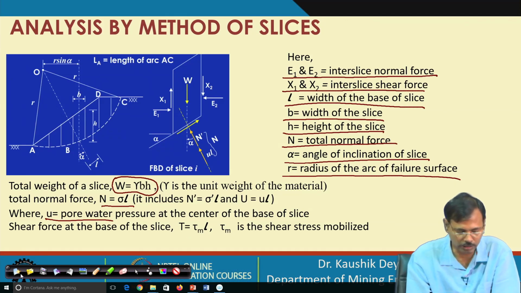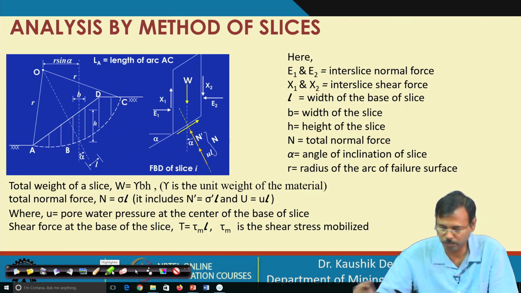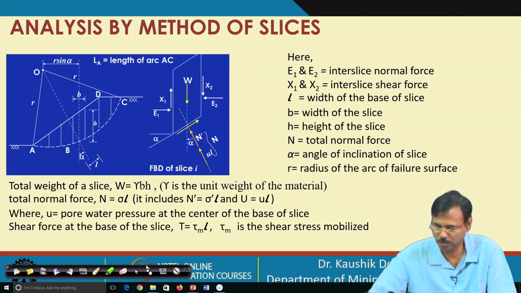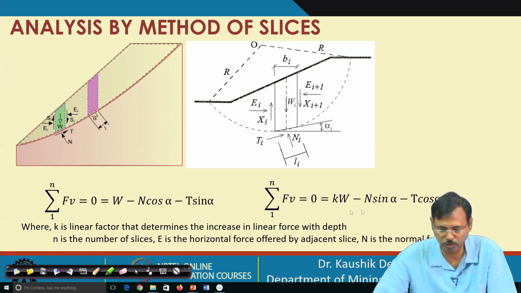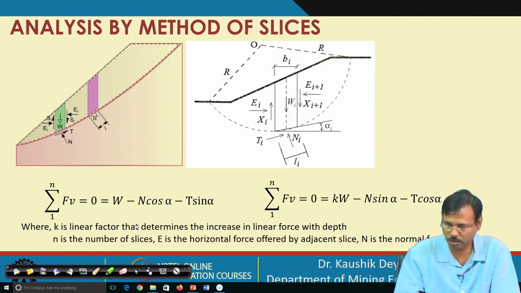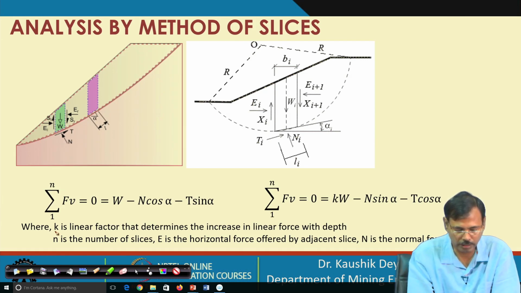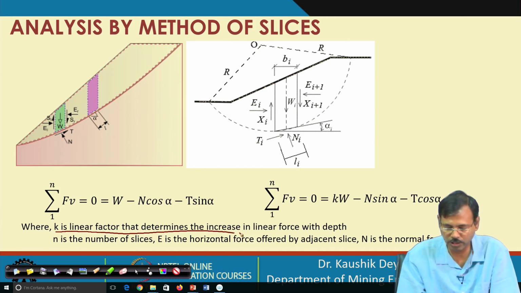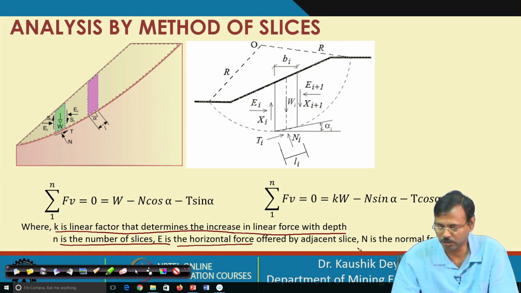If we consider this, then it can come out that K is the linear factor for determining the increase in the linear force with depth, N is the number of slices, E is the horizontal force offered by the adjacent slice, and N is the normal force.